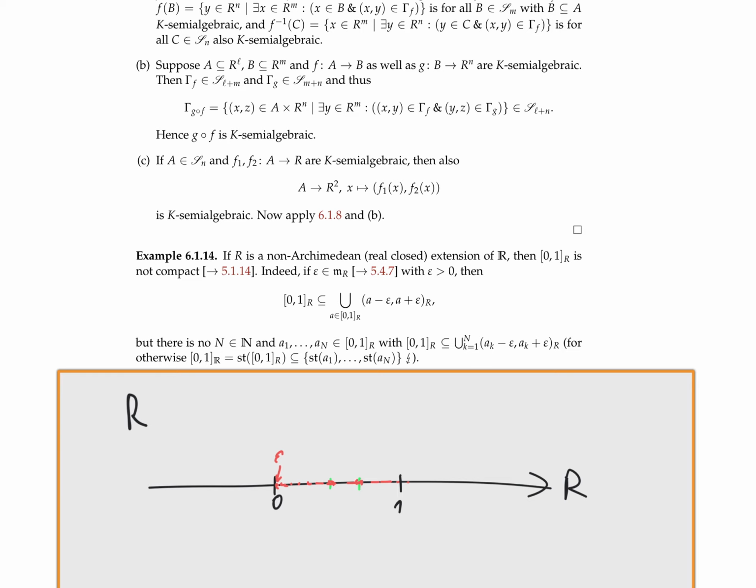Maybe if you want an exact argument for this, we could work with a standard part, because the interval from 0 to 1 in the real numbers consists exactly of the standard parts of this interval in the real closed field. Easy to show, right?